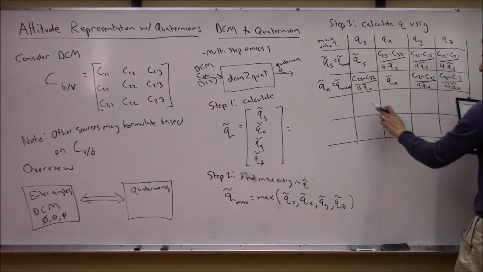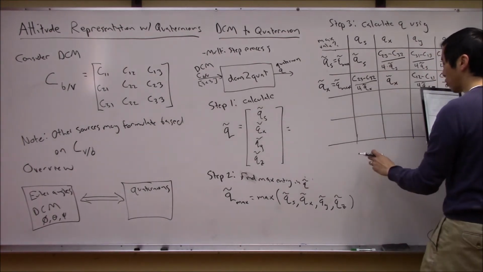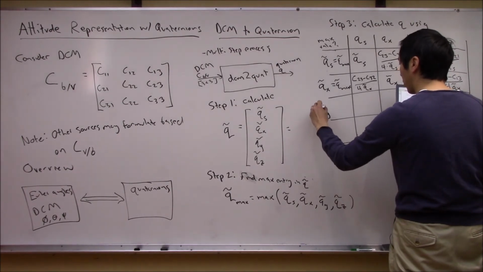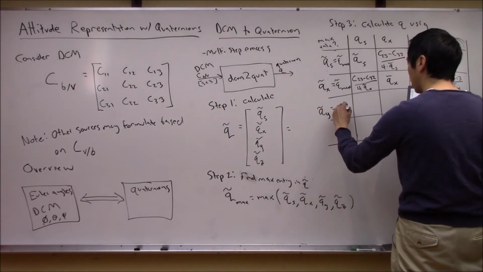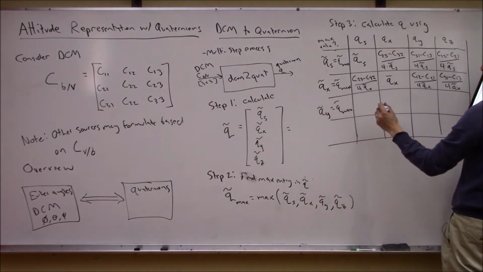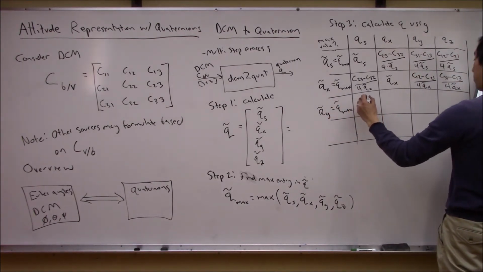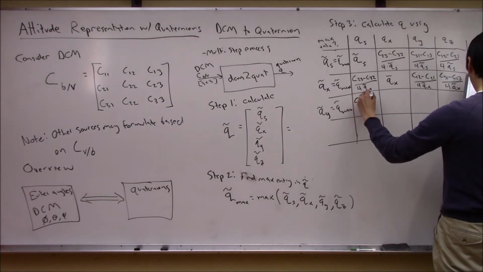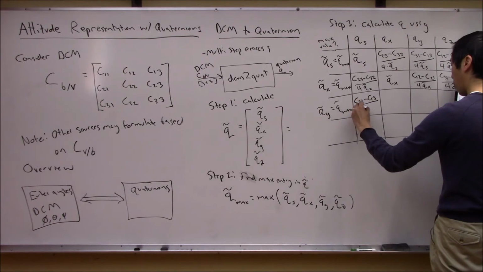I'll quickly fill in these last entries, and I'll keep the camera rolling and dictate in case my handwriting is not terribly legible. This element is C31 minus C13 all over 4 QY tilde.